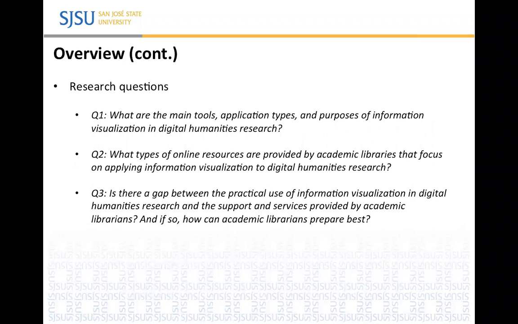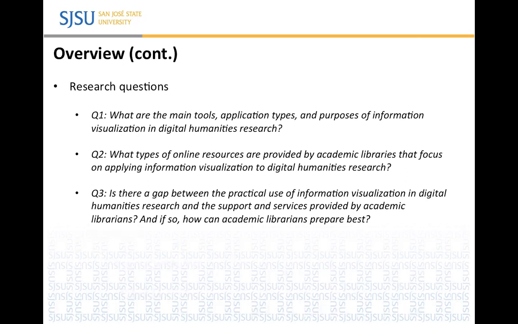So to advance the understanding of academic librarians' roles in digital humanities research, the study seeks to provide insights into 3 research questions. So first, what are the primary tools, application types, and purposes of information visualization in digital humanities research?